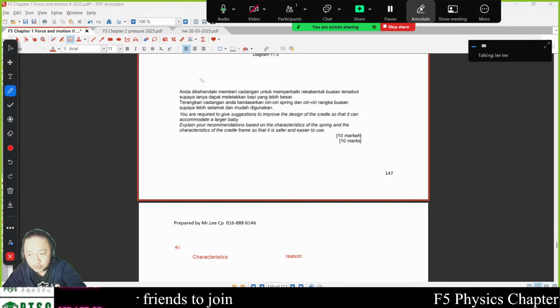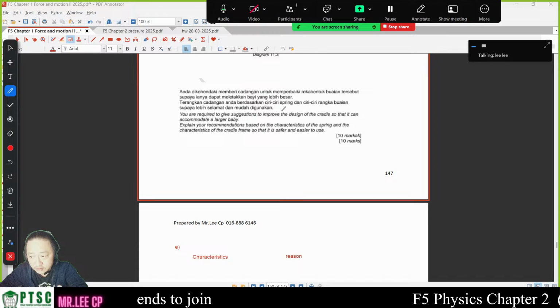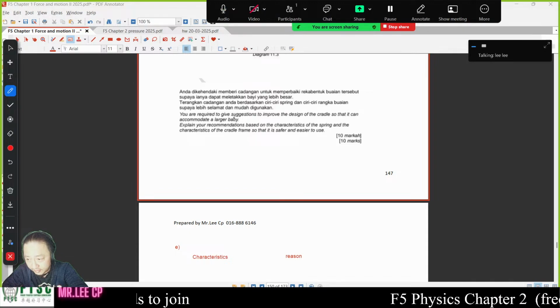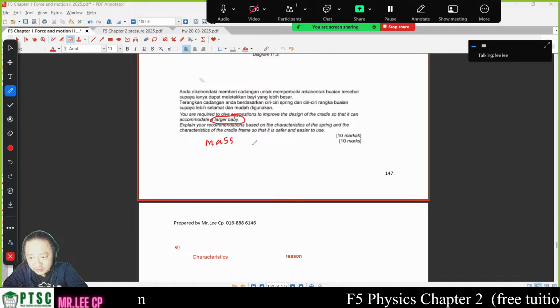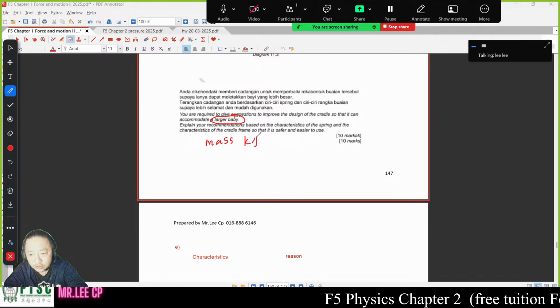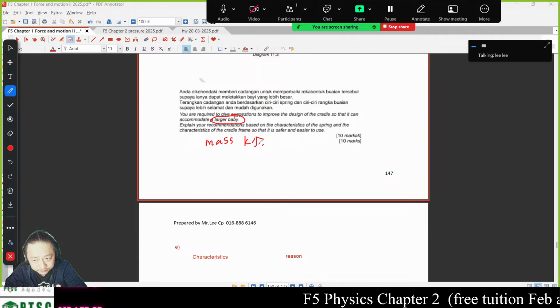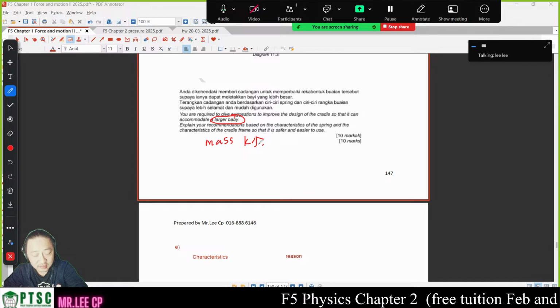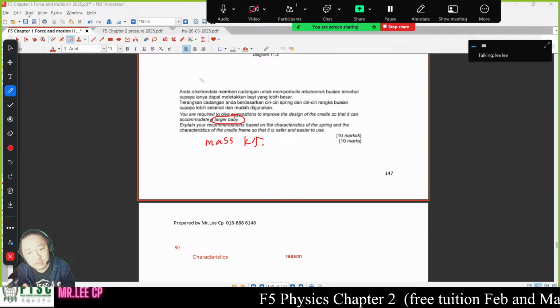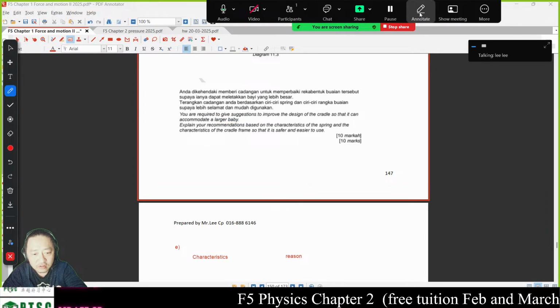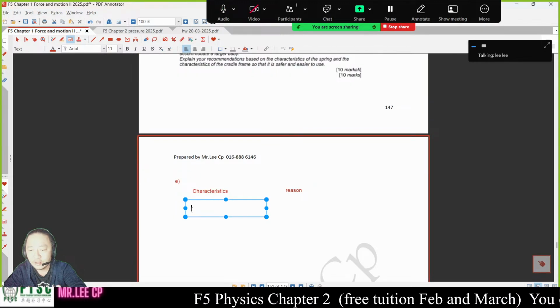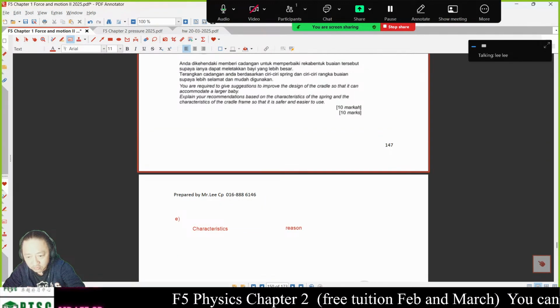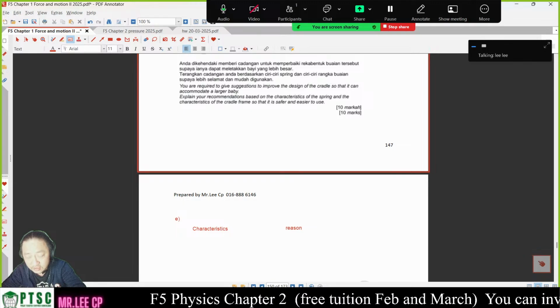So first thing, larger baby means the mass increases. So mass increases, so you want the K to increase. You want to withstand higher force, right? So now higher force, there are 4 factors, and I think you can use them.